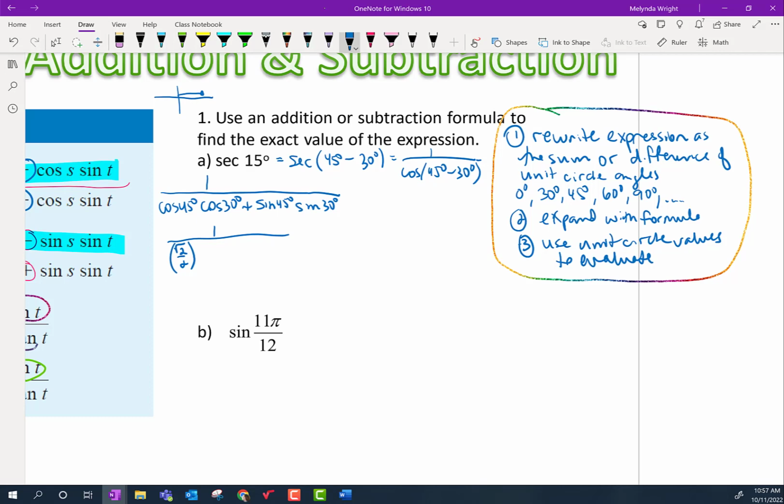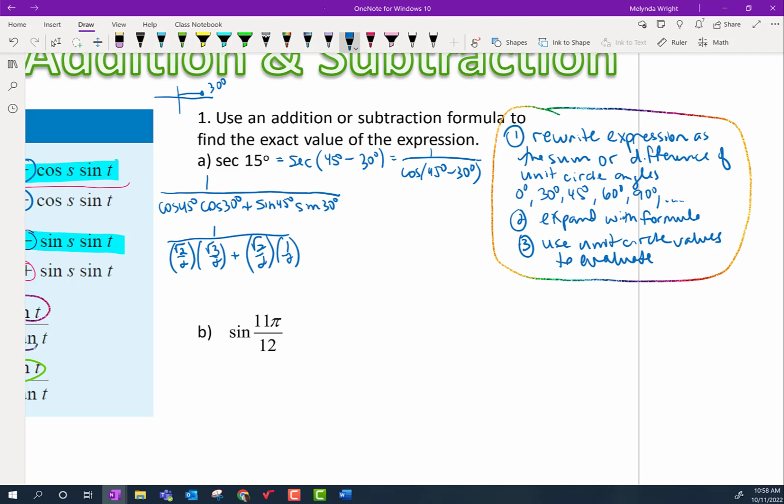So cosine, that would be longer along the x, so that's going to be a bigger number, so that's root 3 over 2, plus sine of 45 degrees is root 2 over 2, and sine of 30 degrees, okay, so this is like 30 degrees, so that's when x is longer and y is shorter, so y is going to be the 1/2. Okay, we okay so far?